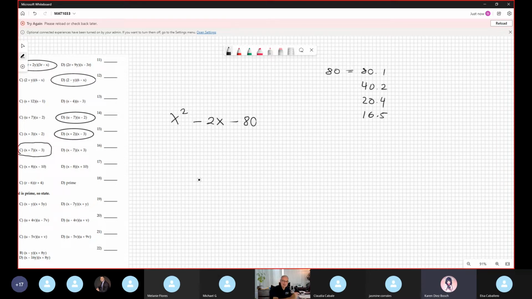Divided by 6, 80 divided by 6, no, not good, it's not divisible by 6, and divided by 7, no, and divided by 8, I suppose, yes, it's easy, it's 10 and 8. 10 times 8 is 80, and the addition is 18, but subtracting is 2. And this is our combination, guys.